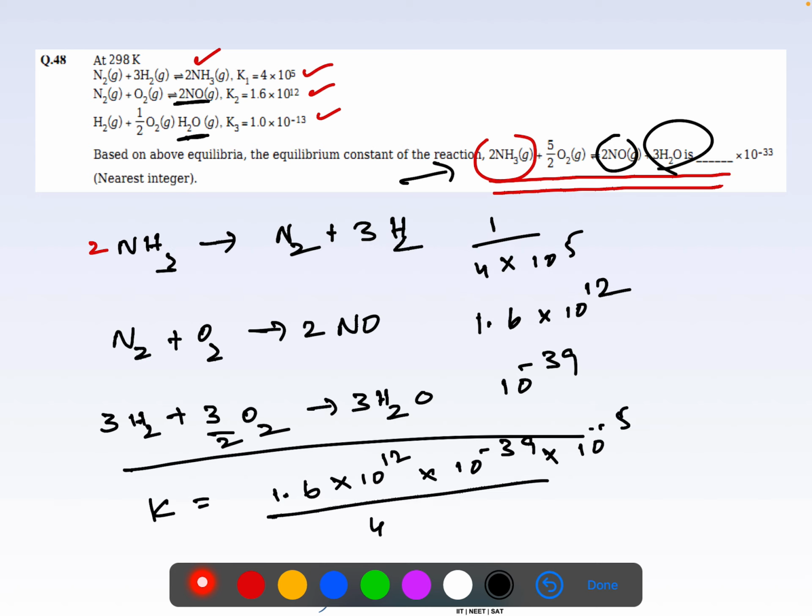So 4 will go for this one, giving 0.4, and minus 39 and minus 5 is minus 44. Minus 44 plus 12 will be minus 32. So this is 0.4 into 10 to the power minus 32, that is 4 into 10 to the power minus 33. So here the answer is 4.